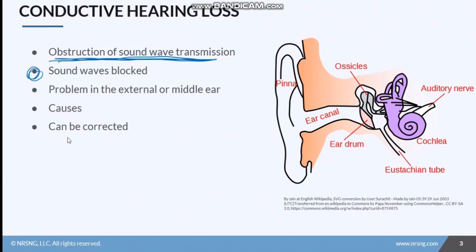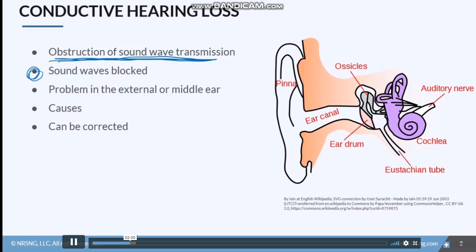So let's go ahead and talk about some of the common causes of this type of hearing loss. Like we said, it's caused by obstruction of the sound wave. So really any object that can cause obstruction in the ear can cause this. Cerumen or earwax or foreign bodies can cause this. And really these just cause inflammation or obstruction in the external or middle ear, which prevents sound wave transmission.